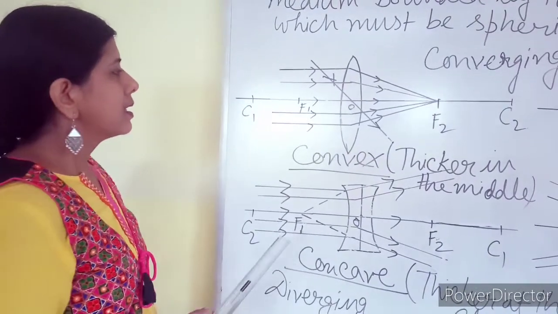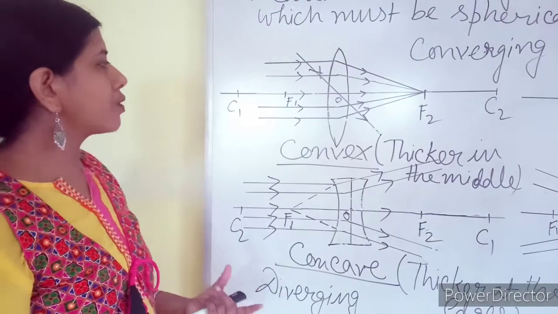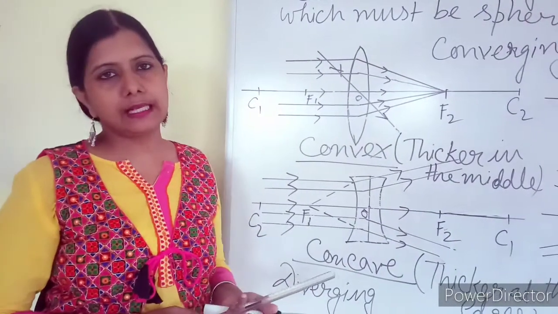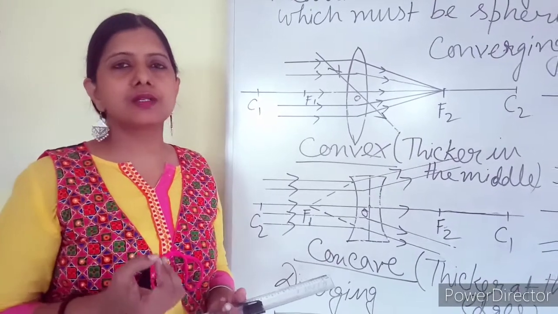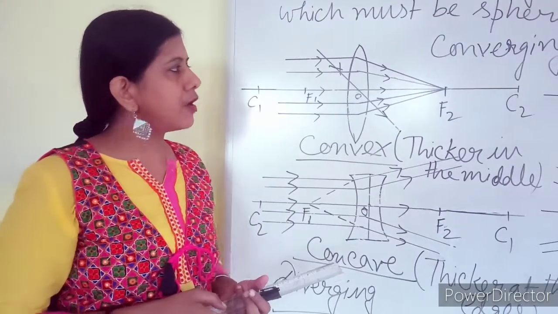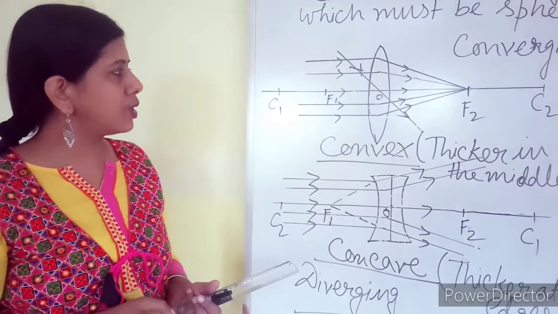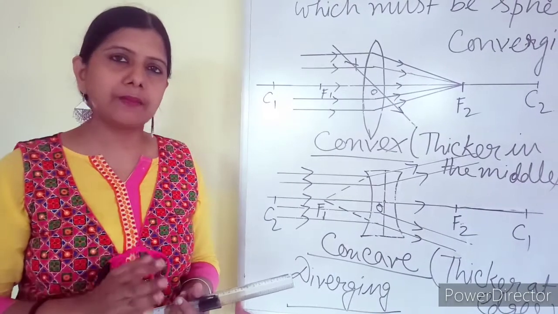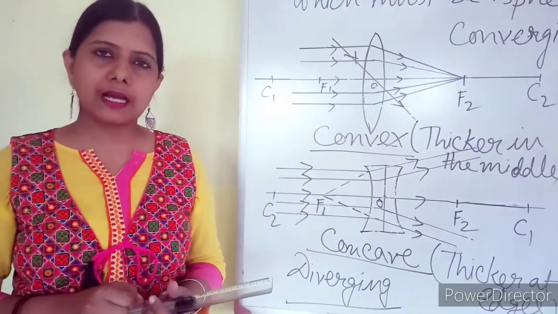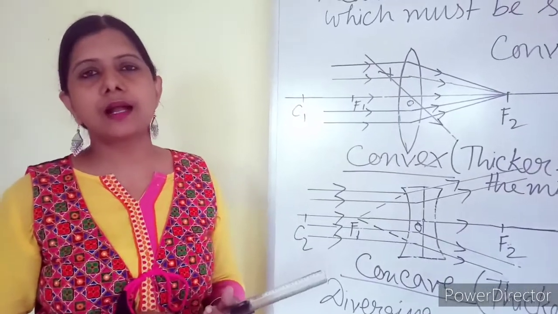Now next is what is the focus of the lens, or what is the focal length of the lens. In a mirror we have seen that there is a point which is called focus. In case of a converging mirror, what was my focus? The focus was where a parallel ray of light, which came parallel to the principal axis, after reflection was converging at a point.